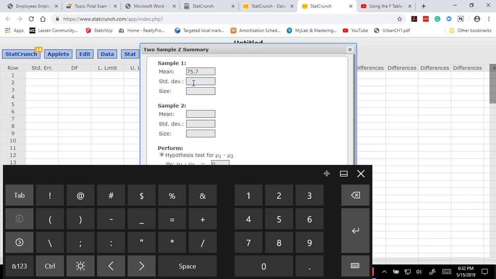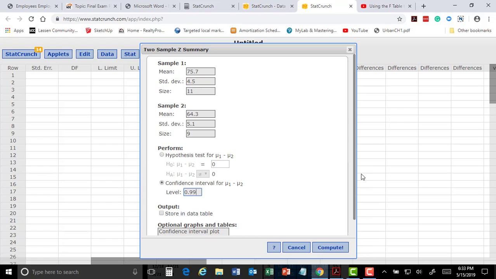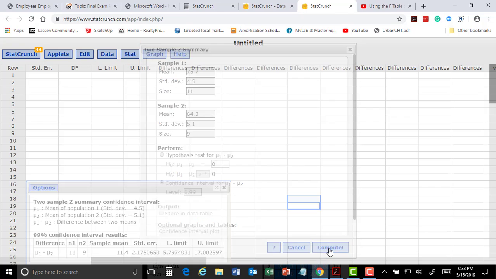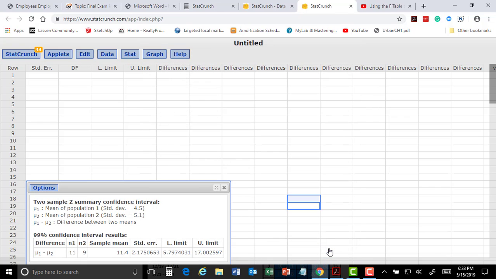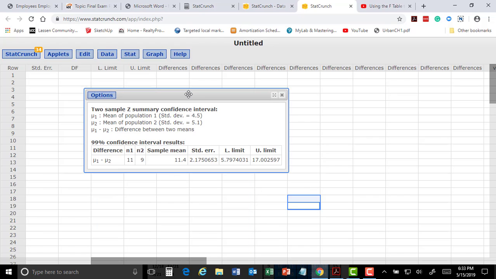And the standard deviation, and the sample size, and the other one we got what? Okay, now let's try that. How did that come out?